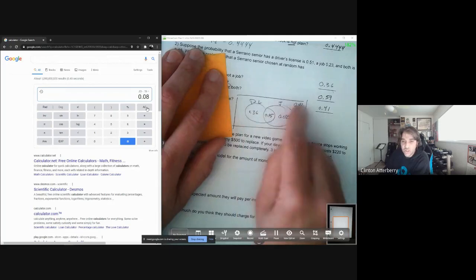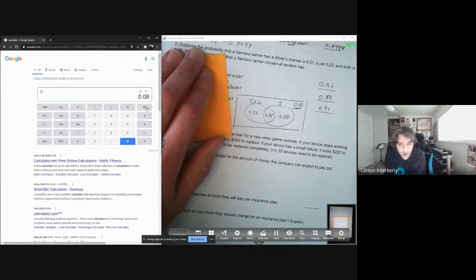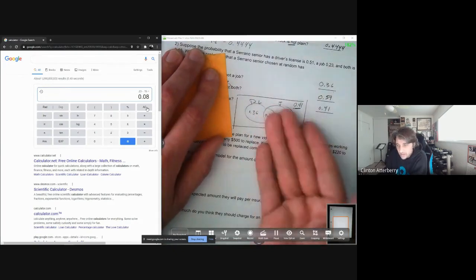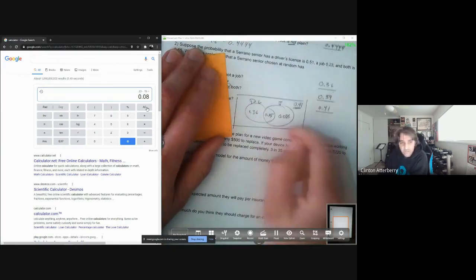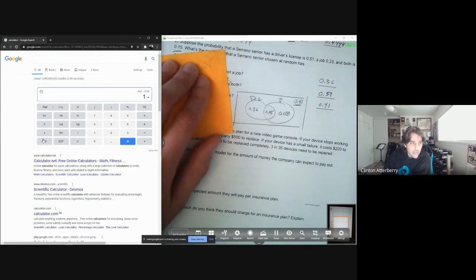All of our numbers should add up to the number 1, which is 100%, because all of our seniors together add up to 100%. All these probabilities should add up to 1. There's a few ways you could do that. You could take 0.36 plus 0.15 plus 0.08, and then take 1 minus that answer.